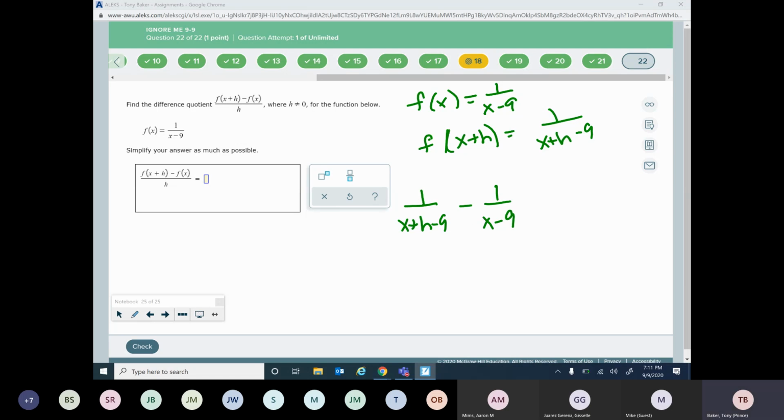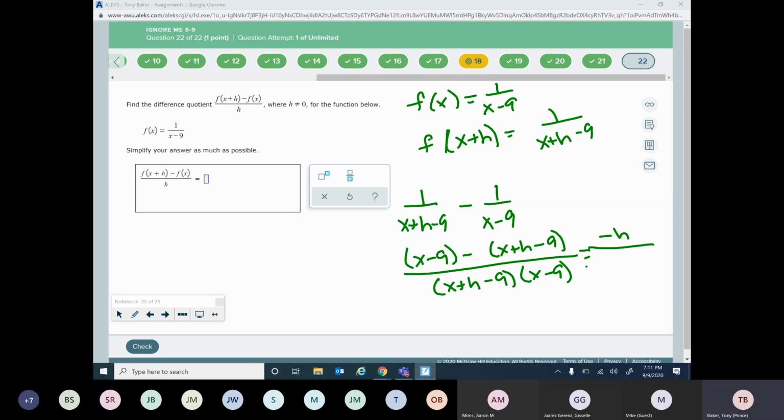So got to get a common denominator. So I have x minus 9 minus x plus h minus 9, all over x plus h minus 9 times x minus 9. So my top part of this equation simplifies down to just negative h. Because the x is going to cancel out with that x, and the negative 9 is going to cancel out with that one.